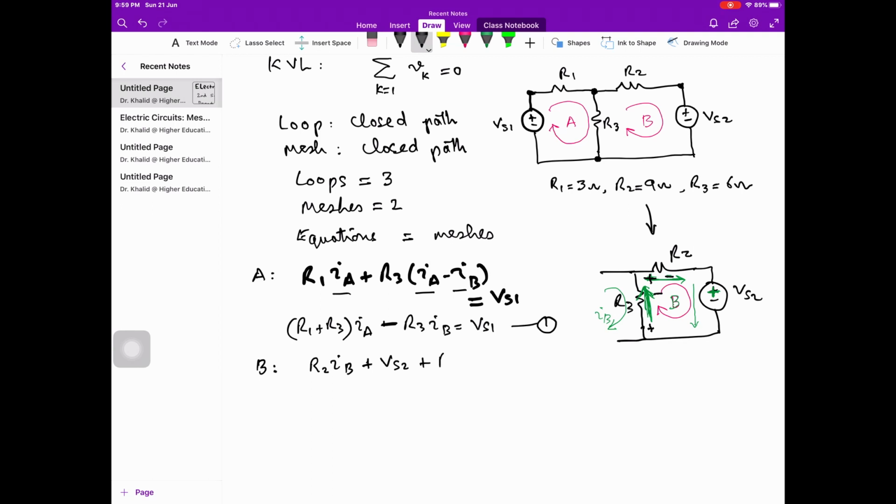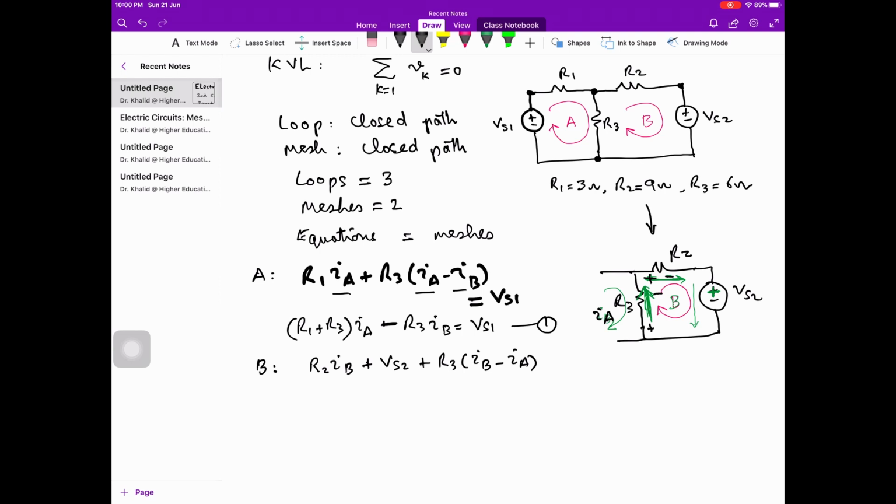So this is voltage drop across R3 due to the net current flowing in upward direction. Why upward direction? Because we are writing equation for mesh B, and direction of the mesh B is clockwise. Sorry, I should have written IA over here.